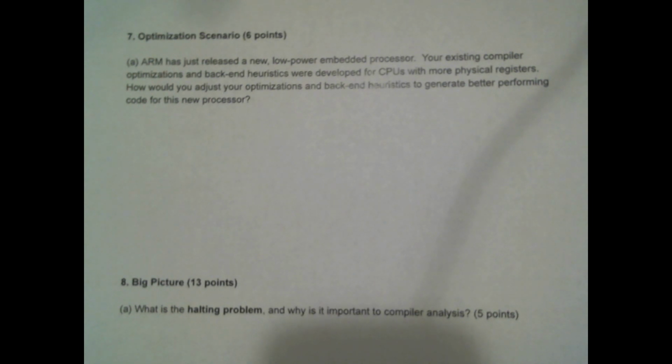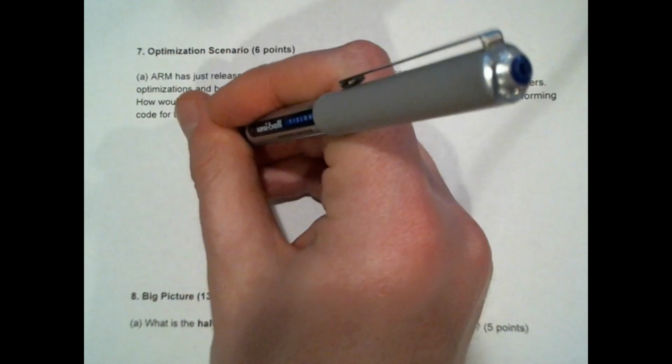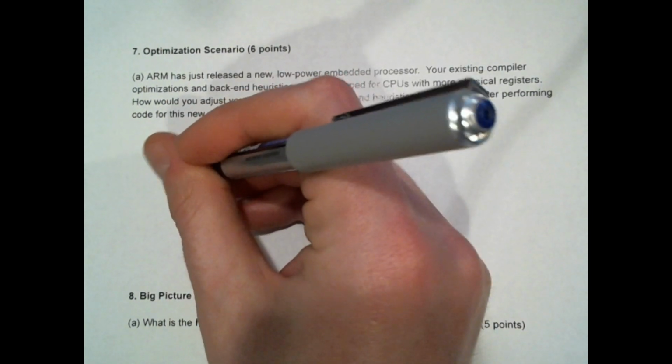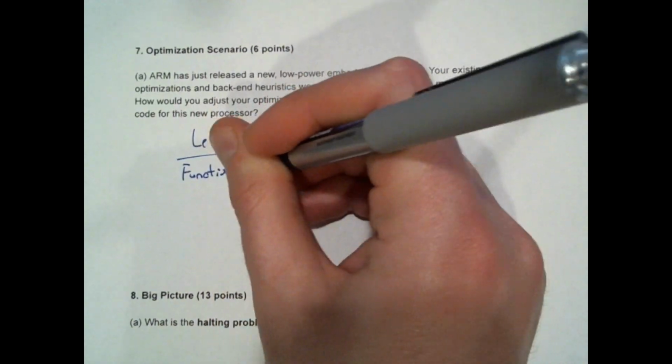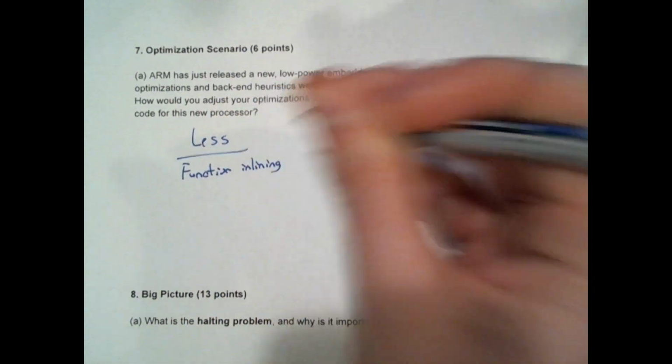So the idea here is I'm looking for you to think about what optimizations and backend procedures might have to change if you have fewer physical registers. So we're talking about register pressure and trying to improve that. So we would want less function inlining, right?